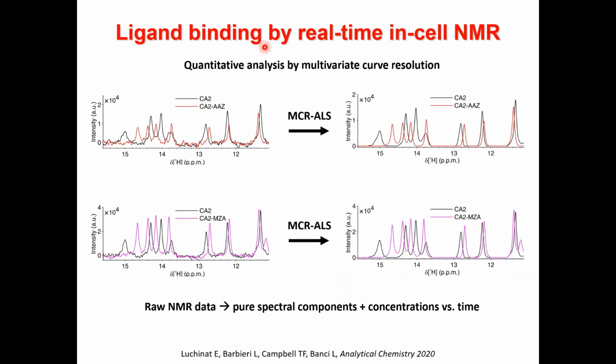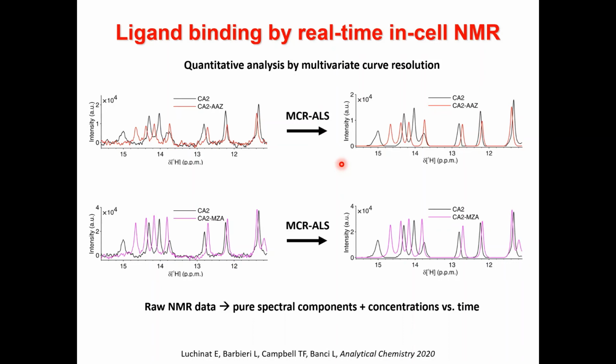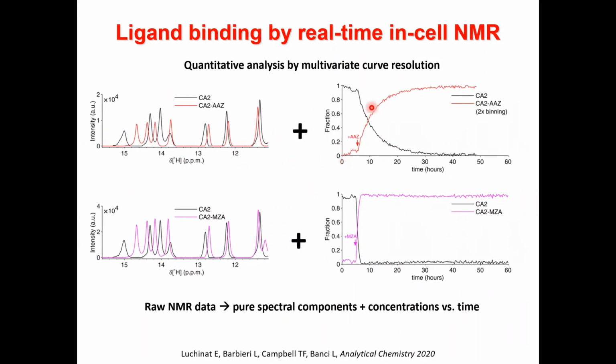From the raw data, in a few seconds, you get the pure spectral components, which, as you can see, are almost noise-free. So it has also cleaned up the data from noise, because we had many spectra to use within the algorithm. And the concentration profiles are of quite good quality in terms of noise.